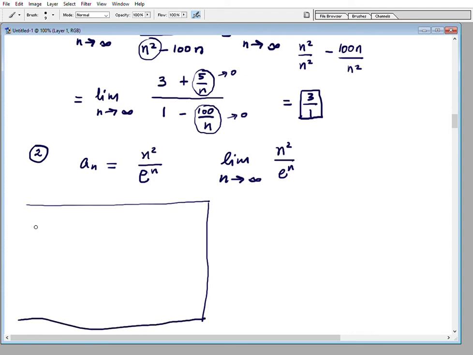Okay, so let's say we're talking about the limit as x goes to c of f of x over g of x. Okay, so if f of x goes to 0 and g of x goes to 0, or if f of x goes to infinity.